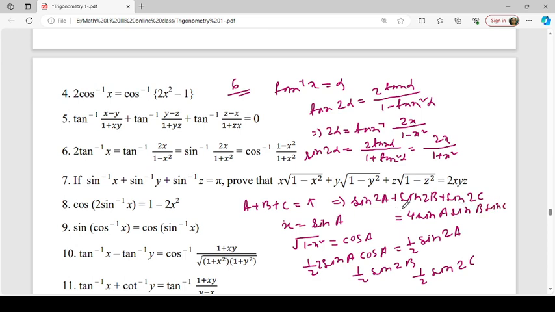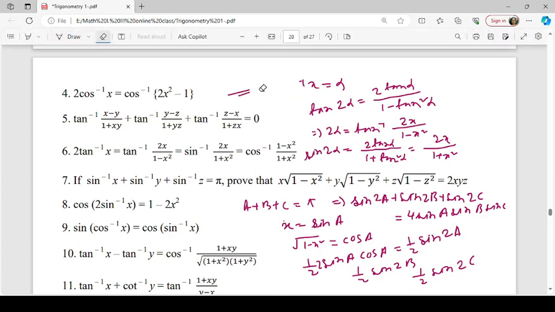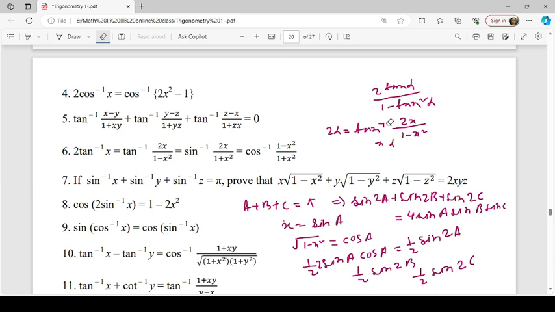So we apply this. We try from the left hand side. Left hand side is half of sin twice a plus sin twice b plus sin twice c. Then we do sin twice a plus sin twice b using the sin C plus sin D formula, as we have done earlier for identities.